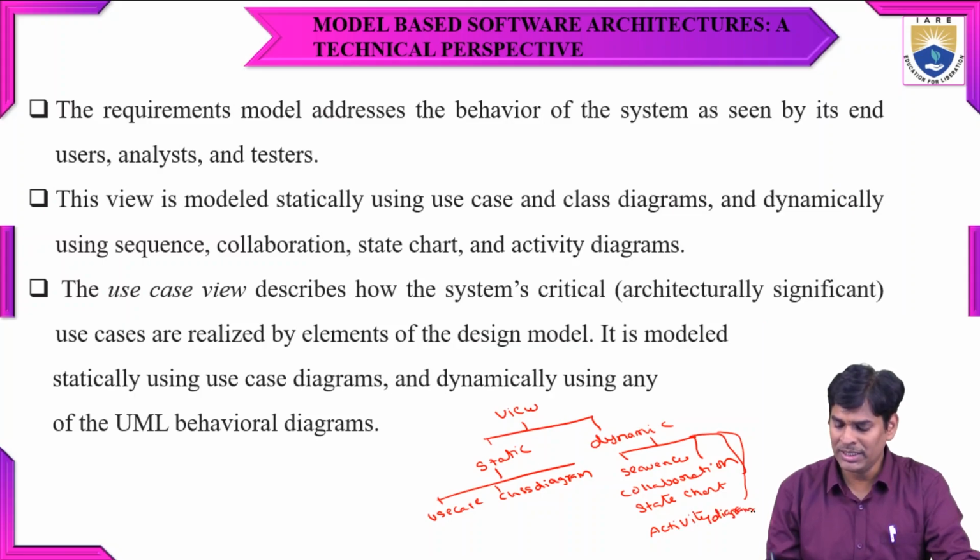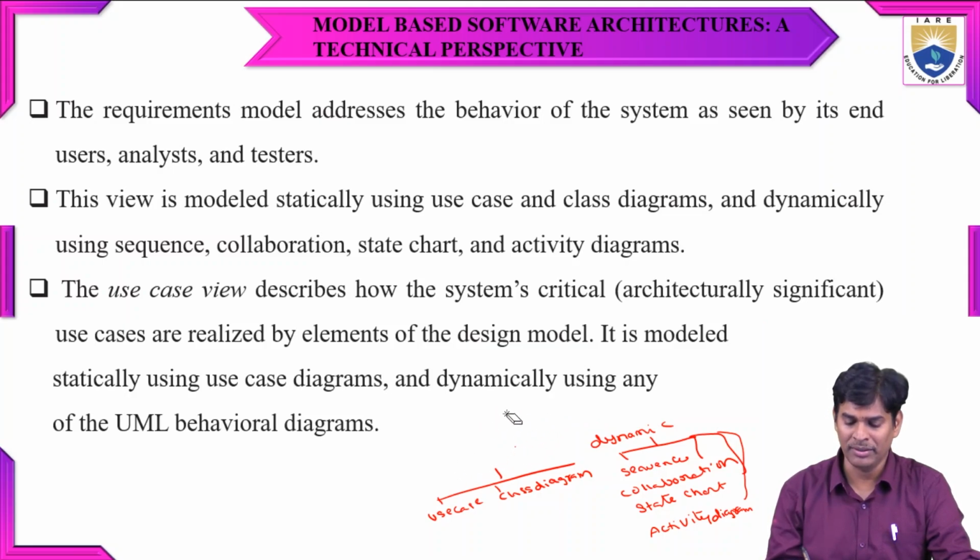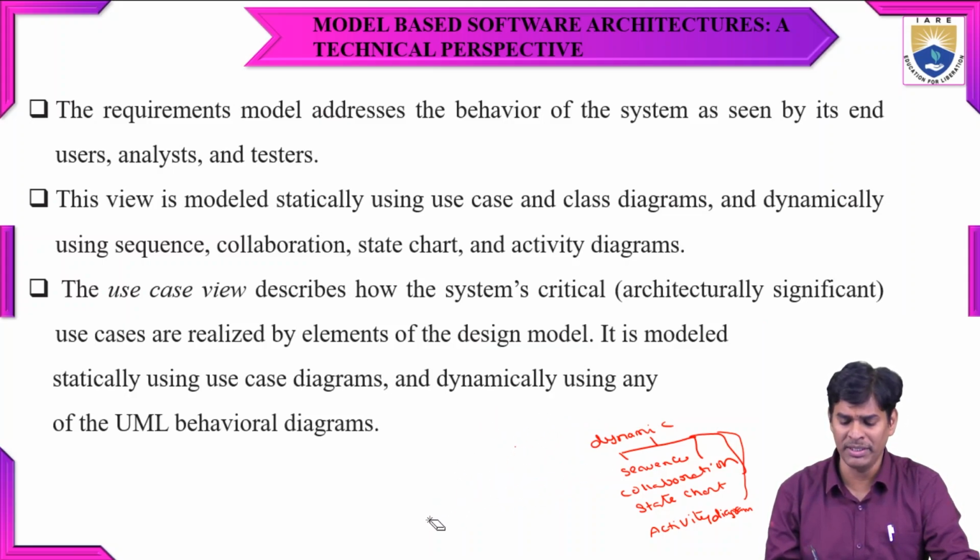It is divided into two types, one is static and another one is dynamic. In the static, use case, class, and object diagrams may be used, whereas the dynamic has sequence, collaboration, state charts, and activity diagrams. So these are the various views.